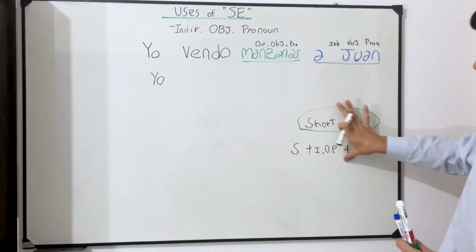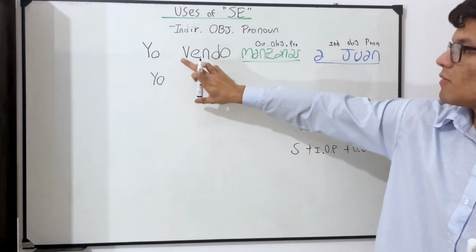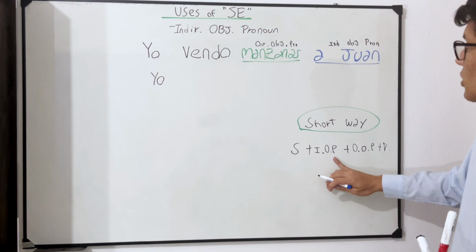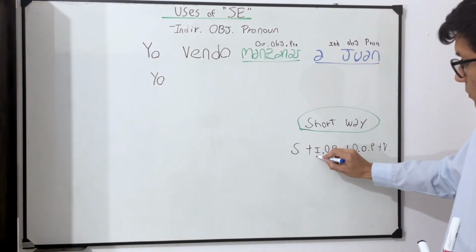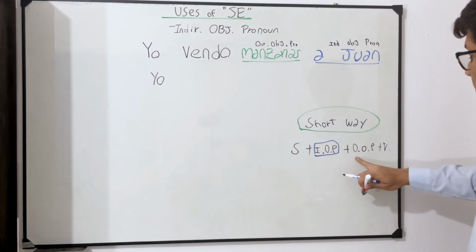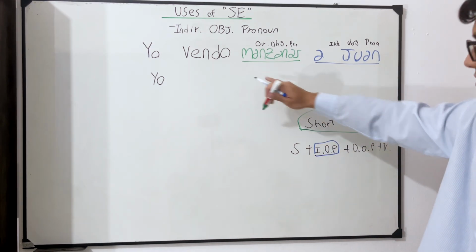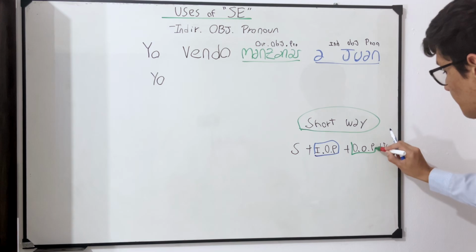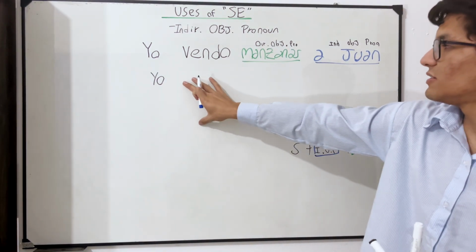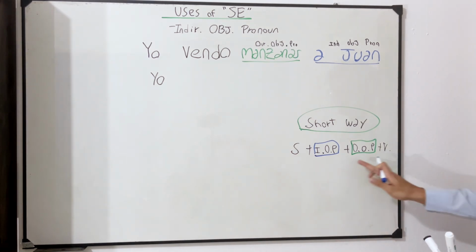So we will follow this structure for making this type of short sentences. As I just told you, this is the indirect object pronoun. This is the blue color, and then we got the direct object pronoun, which is manzanas, which is the green color. So let's make this short sentence. And then we got the verb, of course, that is here.